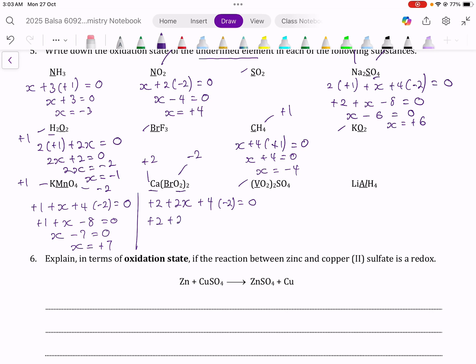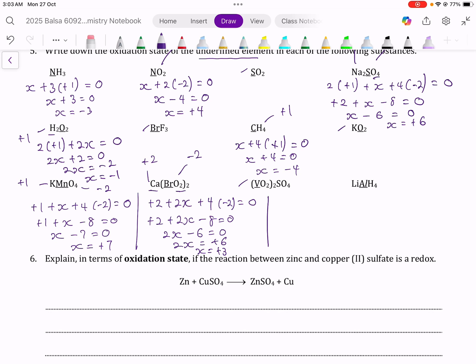Let me work this out: 2x minus 6 equals to 0, 2x equals to +6, x equals to +3. So each of the bromine is +3.